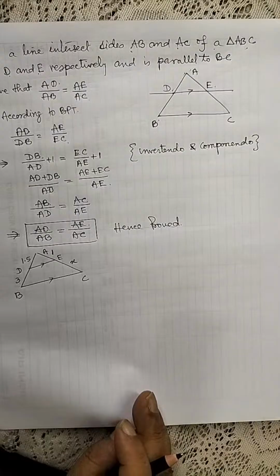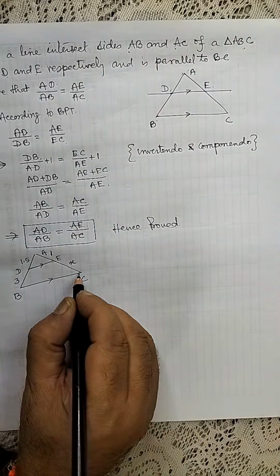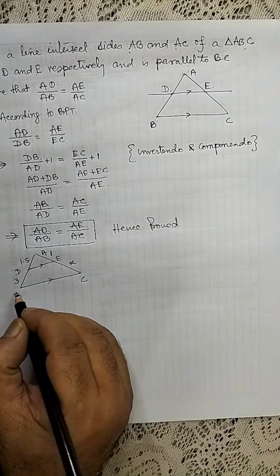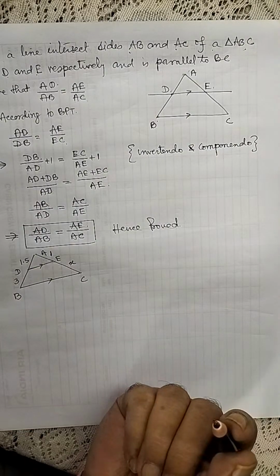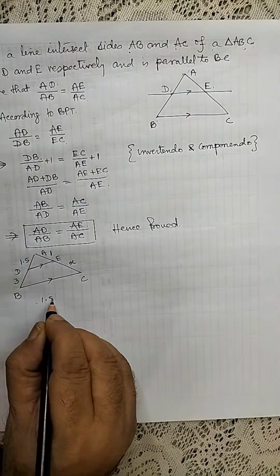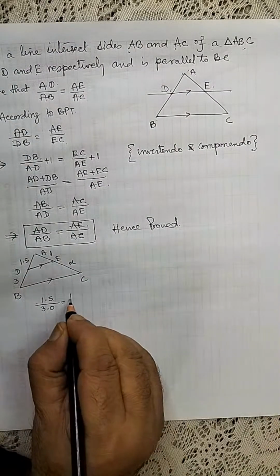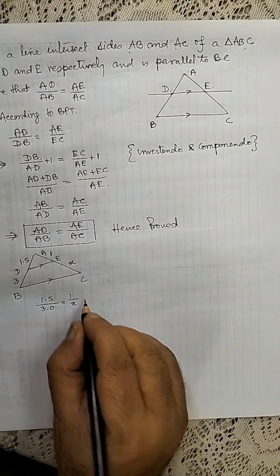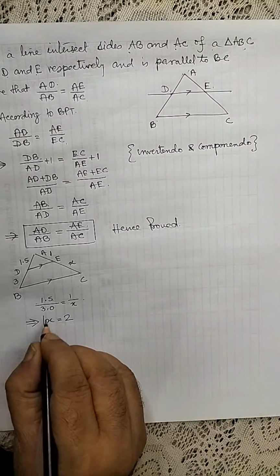Now, by the theorem, we know that if this line is parallel to this, then these two parts of the sides are going to be in the same ratio. So 1.5 on 3 is the same as 1 on x, which implies that x is going to be 2 units.